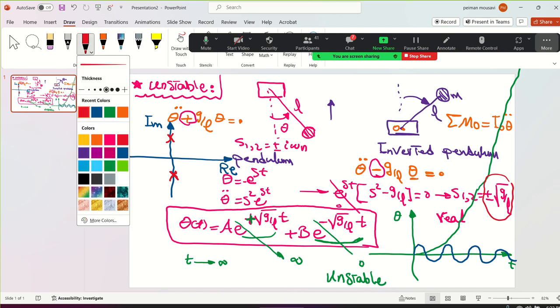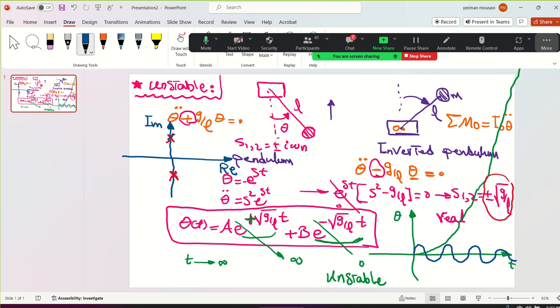So let me change the color of this to blue, saying marginally stable, and the red means danger, means unstable. So you have here positive plus square root of g over L, and negative. So take home message, write it down, everybody.